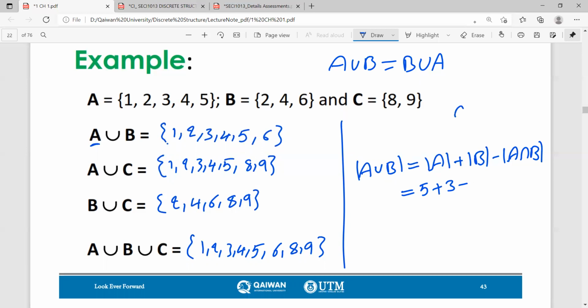So A intersection B is only 2 and 4. What's the cardinality for this set? It's 2. We have only 2 elements in A intersection B. Minus 2. So it equals 5 plus 3 is 8, minus 2 is 6. Look, we have only 6 elements in A union B. And for others, the same.